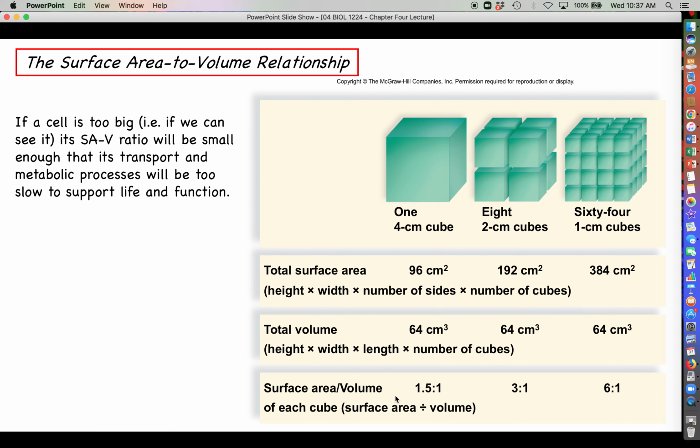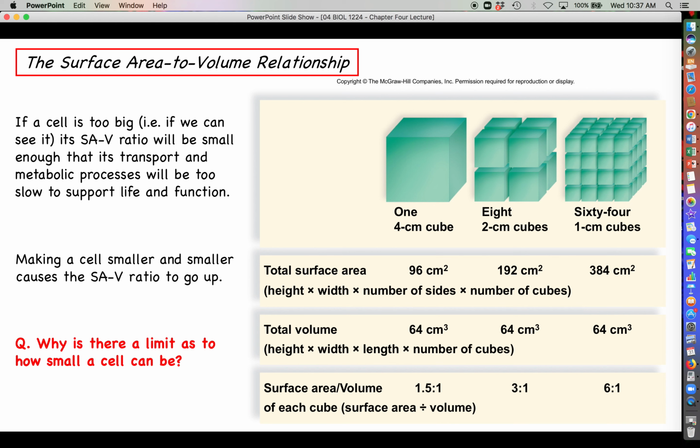So in doing so, we drastically increase the surface area to volume ratio by taking one single large object and splitting it up into a number of smaller objects that collectively have the same volume. So the idea here is that making a cell smaller and smaller actually causes this surface area to volume ratio to go up, and in doing so makes transport processes and metabolic processes go faster.